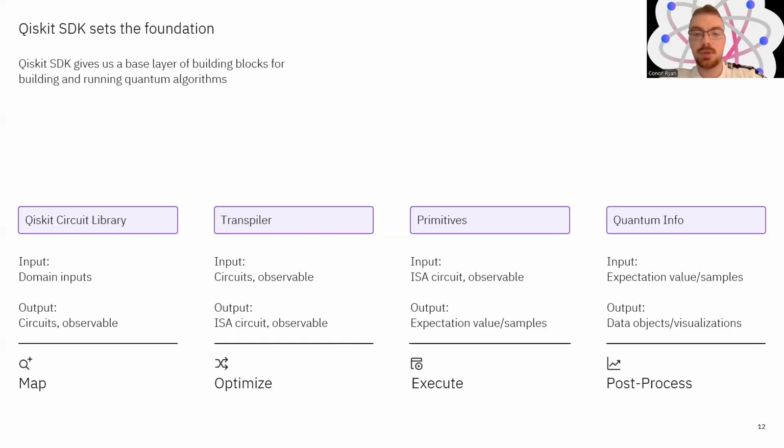Then of course you go to the primitives from Qiskit runtime, giving it the ISA circuit and potential observable, and it will return to you your measurement counts or expectation values. And after this, you can input your measurement results to some error mitigation processes and then return better counts from your results or improved expectation values as well.